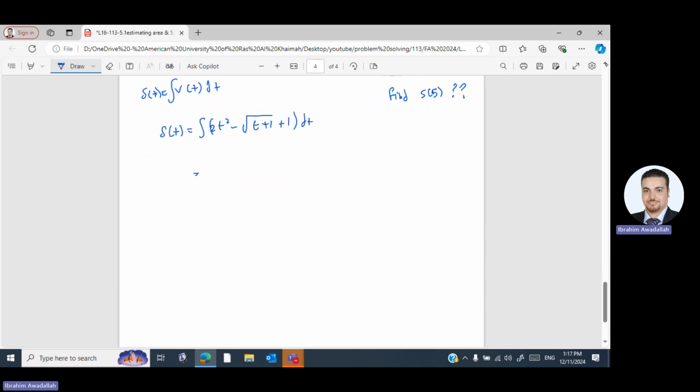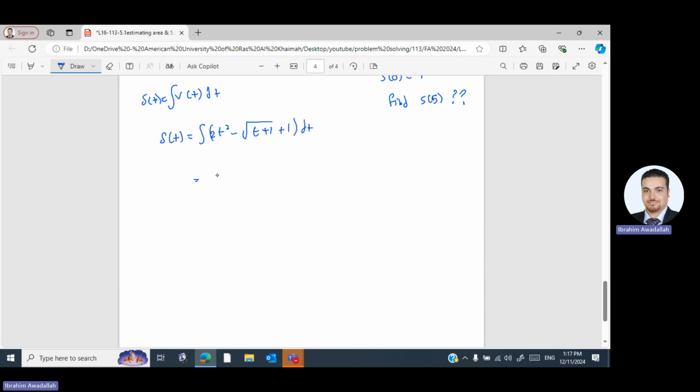The antiderivative of this will be 2t to the power 3 divided by 3 minus, this will be t plus 1 to the power 3 over 2, I prefer 2 over 3 outside here, plus the integration of 1 is t plus c.